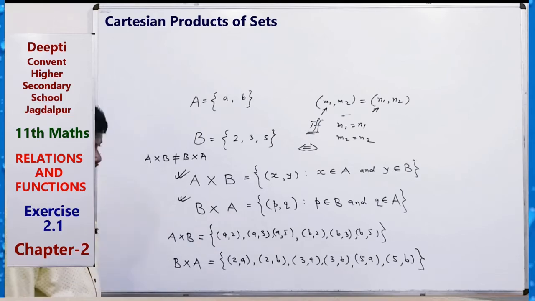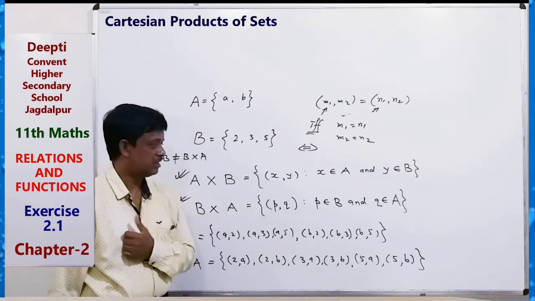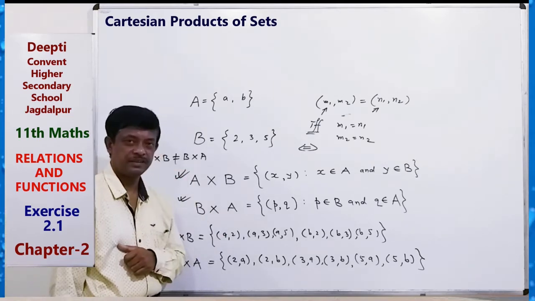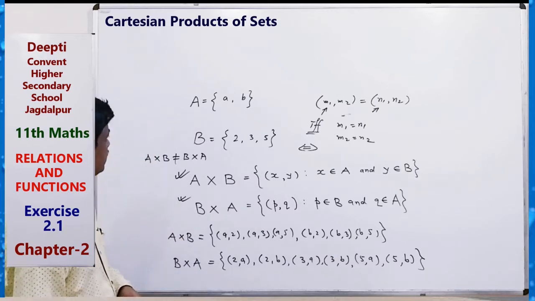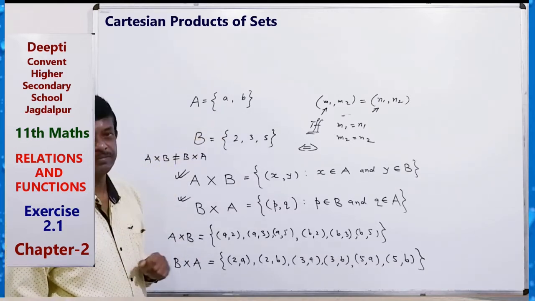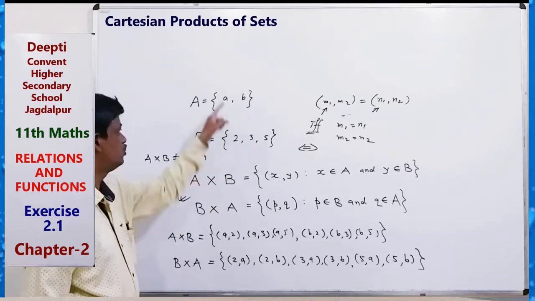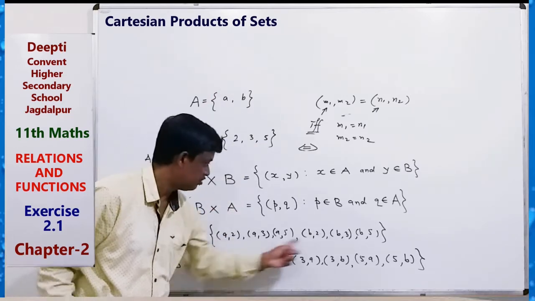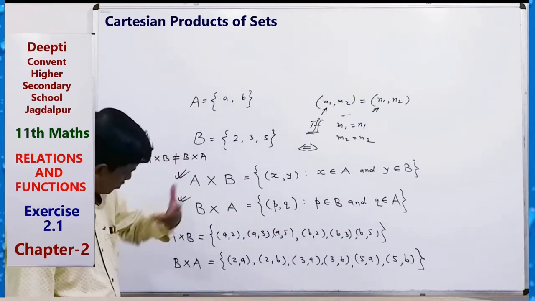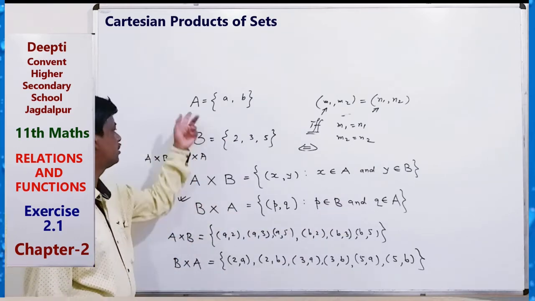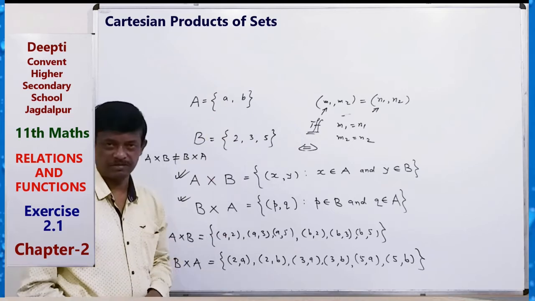Also, how many elements are there in A cross B? From here we see that two elements are there in A, and three elements in B. So 2 into 3 is 6, we can count 6 elements. Also in reverse order, B cross A, 3 into 2 is 6 elements.